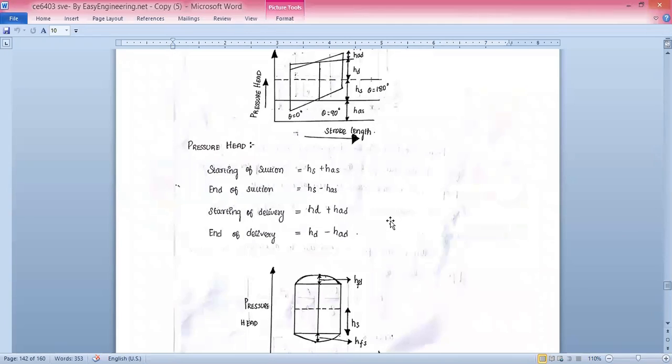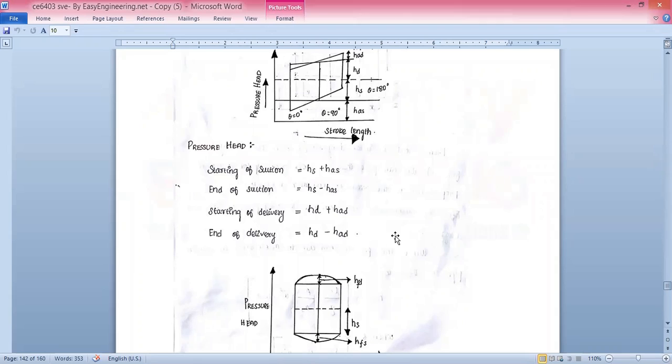Okay, then the pressure head at the start of suction is equal to hs plus h_as, that we know. The end of suction is equal to hs minus h_as, and the start of delivery is equal to hd plus h_ad. The end of delivery is given by hd minus h_ad.